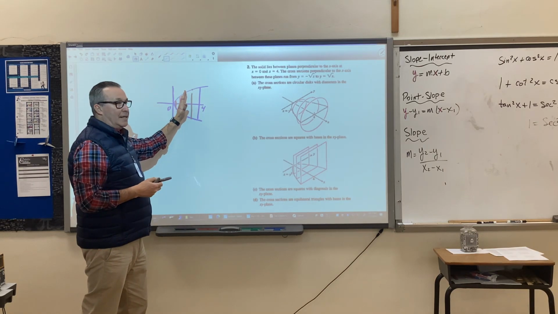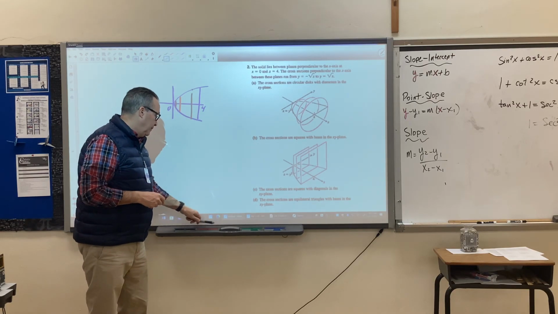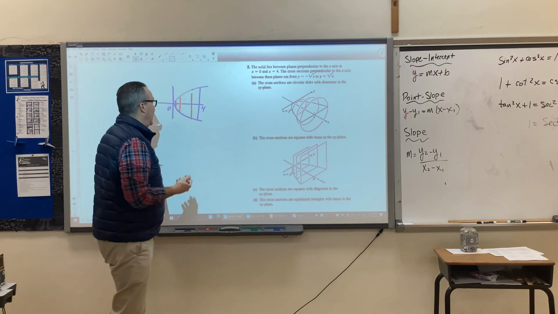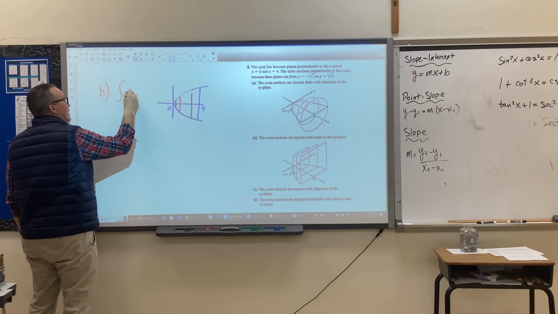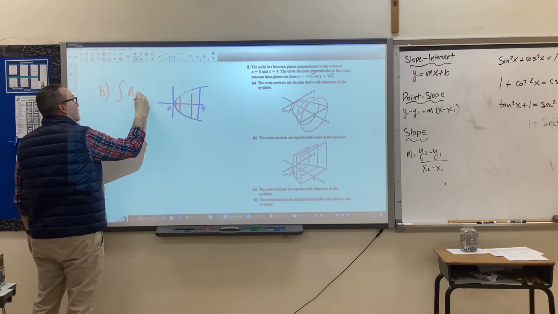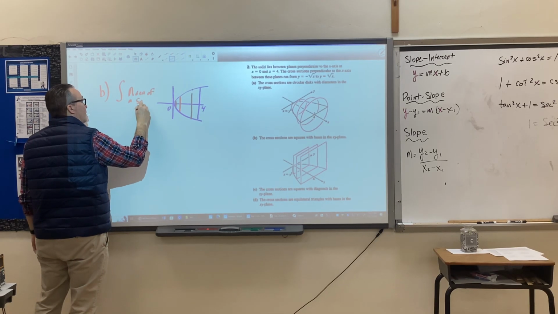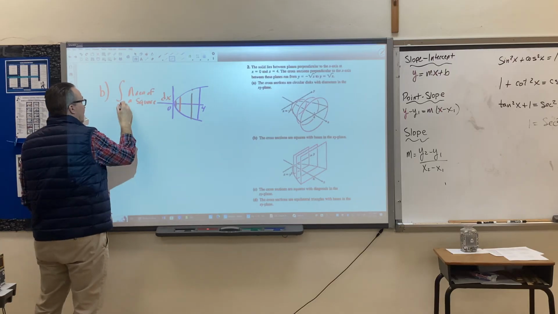Perpendicular to the x-axis, the cross section is a square. So how do you find the area of a square? Because we're going to integrate for B the area of a square, dx from 0 to 4.